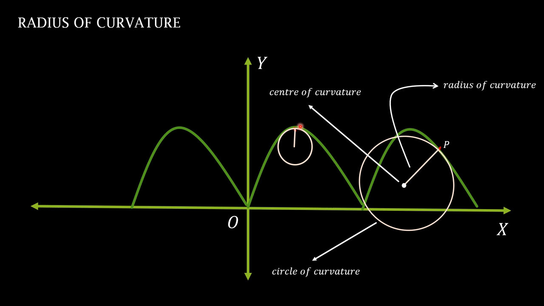Okay, hope the points are clear to you. Radius of curvature and curvature are reciprocal to each other, and in order to find the curvature at any point of the curve, it is enough to find the radius of curvature and then just take the reciprocal of it. Now let us analyze mathematically.